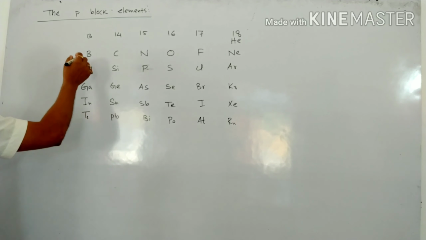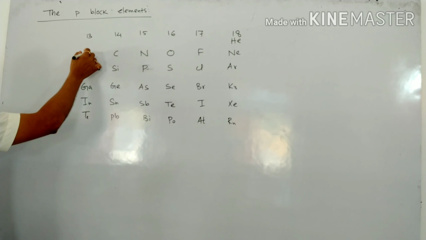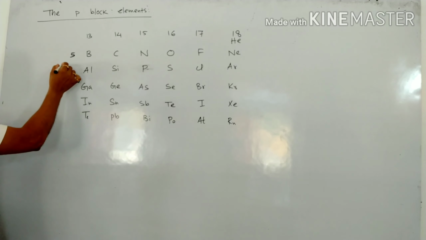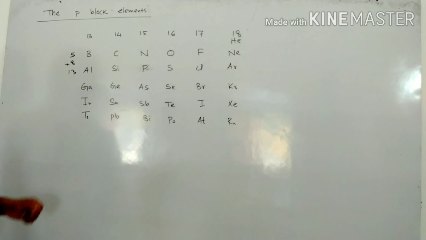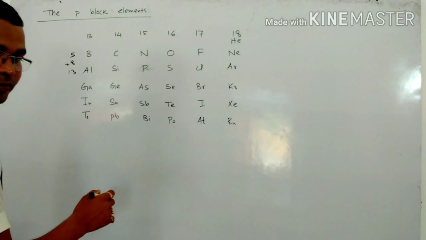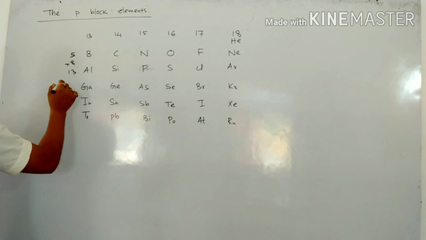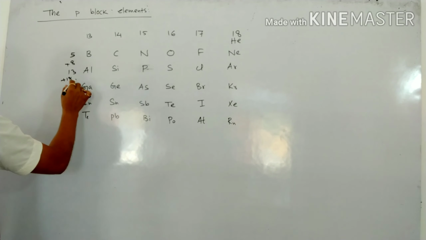So, for example, some techniques are there for remembering the atomic number. Here the atomic number is, I think, 5. So 5 plus 8, it will be 13. So the atomic number of aluminum is 13. And then we have to add 18. So it will be 31.